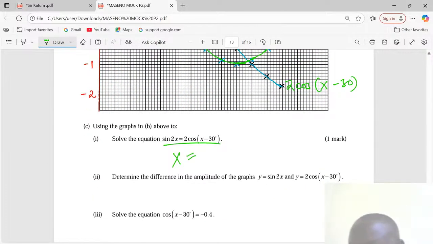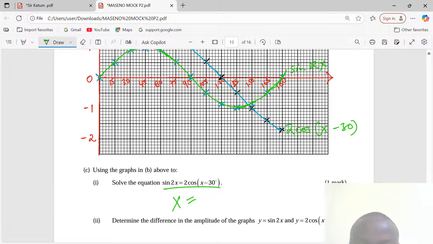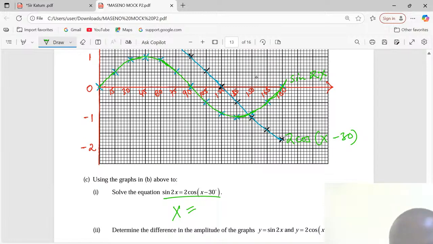The two curves, where are they meeting? They are meeting at just before 150. If 5 units are representing 15 degrees, then 1 unit is representing 3 degrees.